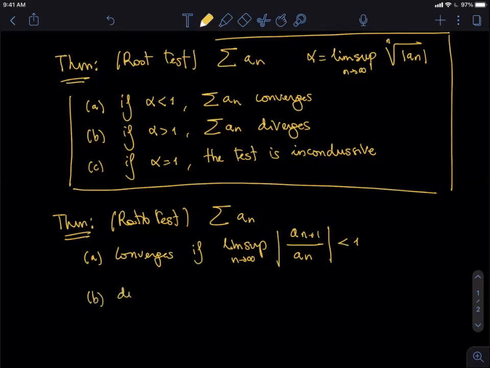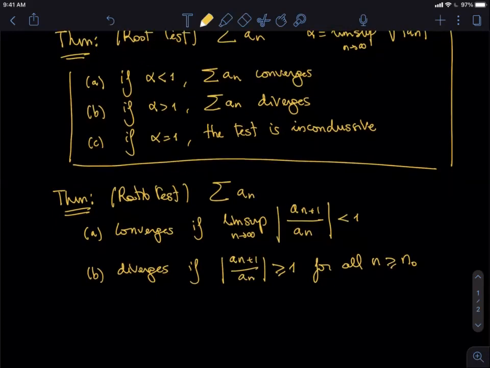And it diverges if this ratio, an plus 1 over an, is bigger or equal than 1 for all n bigger or equal than some n0, which is some fixed integer.